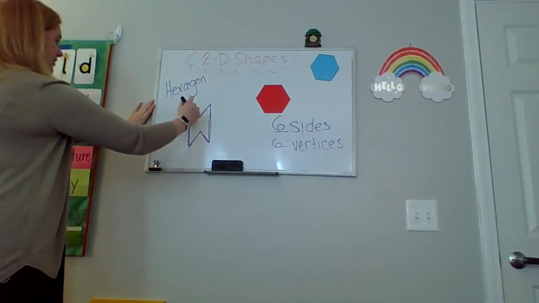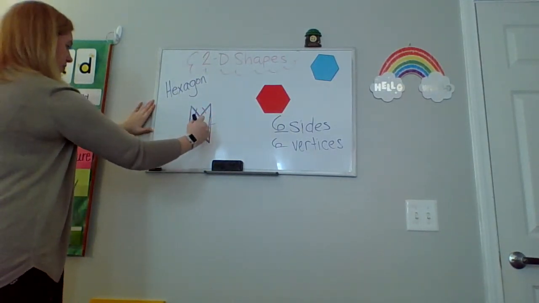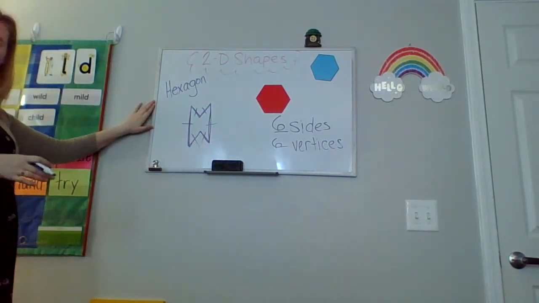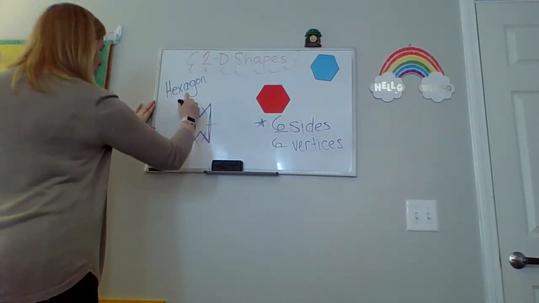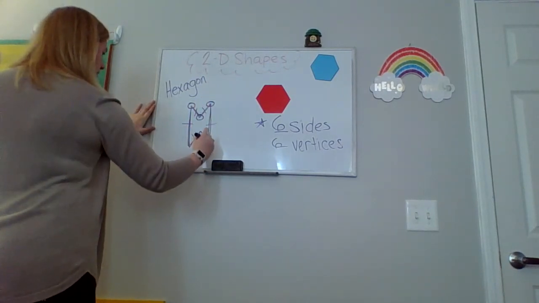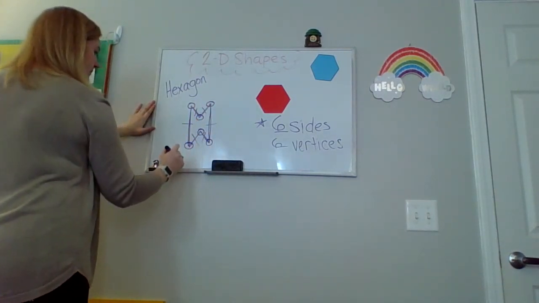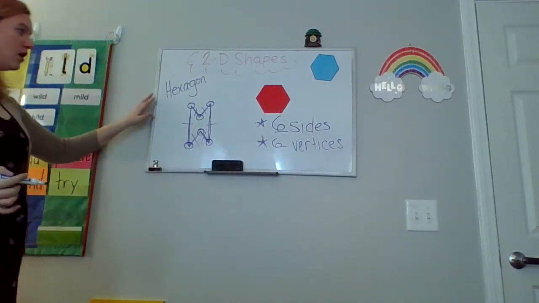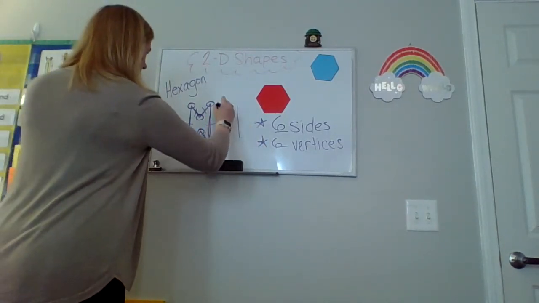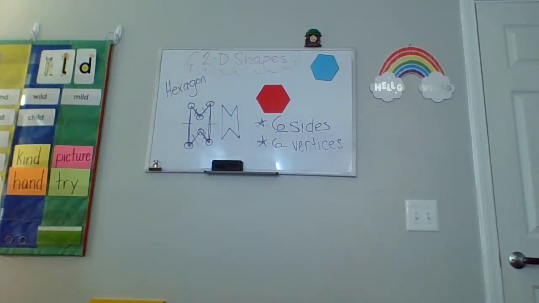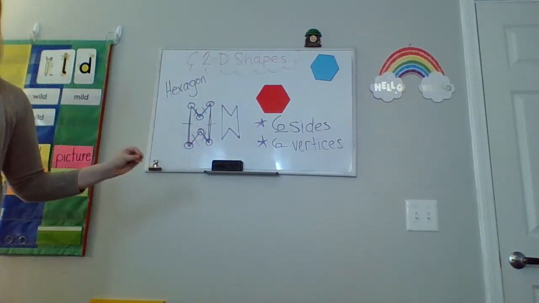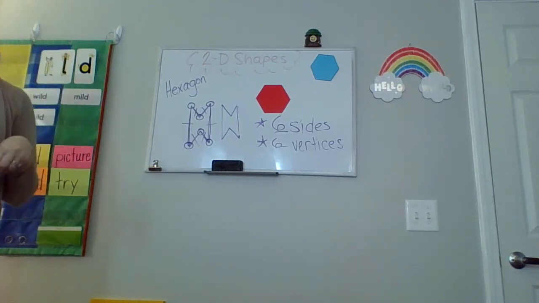Let's count the sides. 1, 2, 3, 4, 5, 6. Has 6 sides. Let's count the vertices. 1, 2, 3, 4, 5, 6. So is this shape a hexagon? It doesn't look like a normal hexagon, but it's still a hexagon because it has 6 sides and 6 vertices.